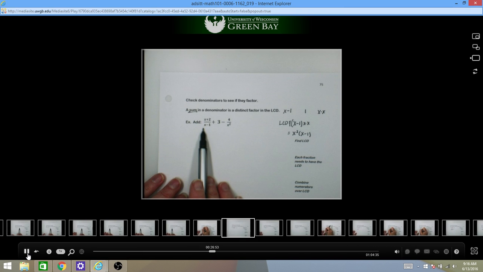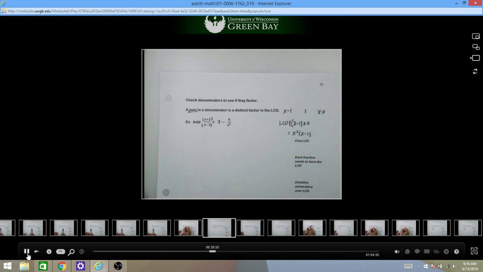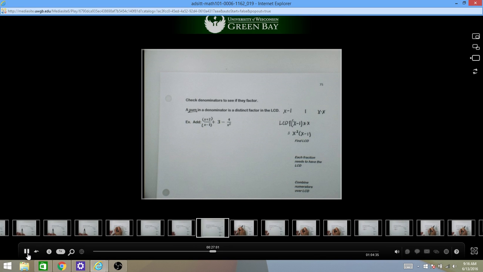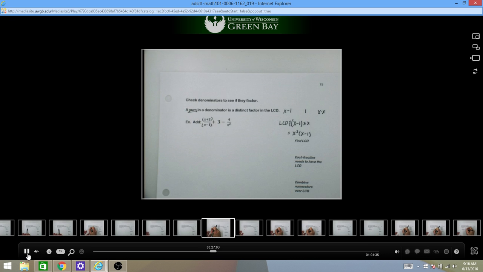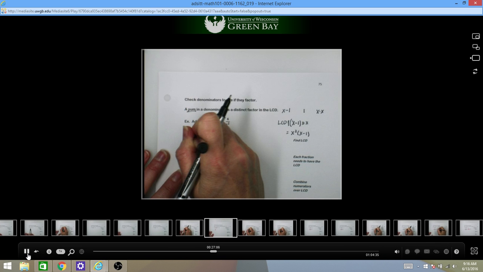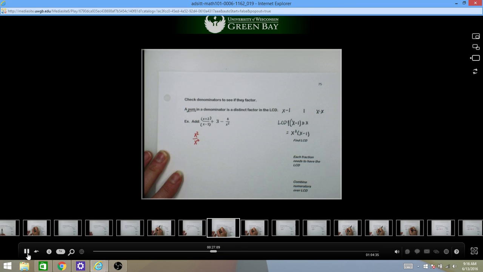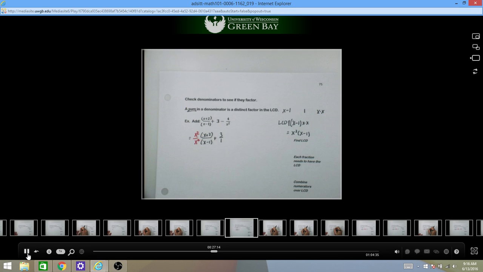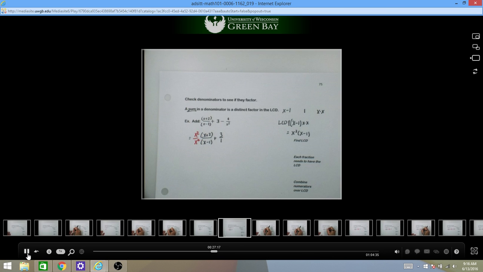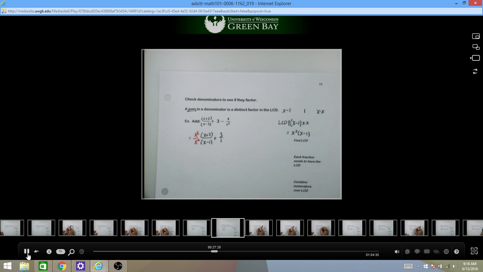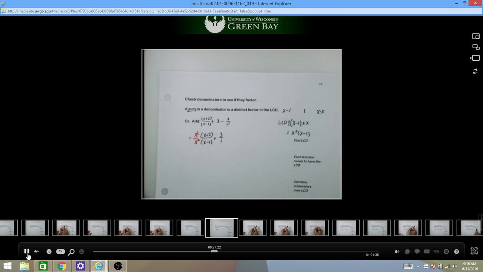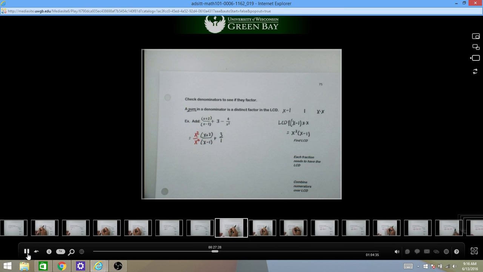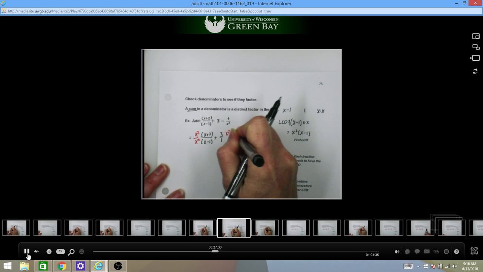Okay, anyway, let's build up each of these fractions so it has x squared times x minus 1 for its denominator. So first we'll multiply here by x squared. So multiply the first fraction by x squared over x squared. And then the 3, we'll multiply the 3 by the whole least common denominator over itself. So x squared times x minus 1 over x squared times x minus 1.